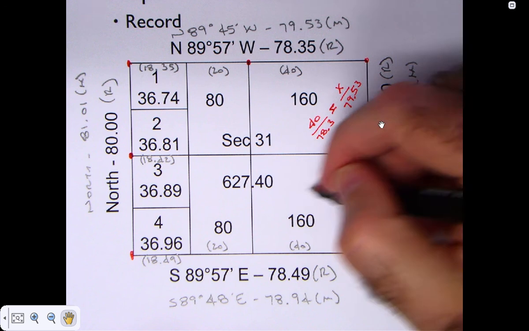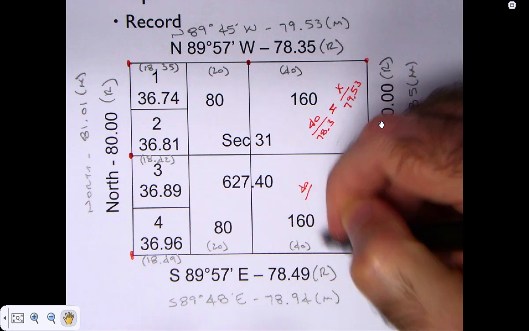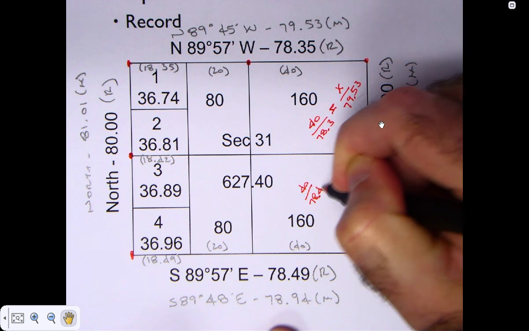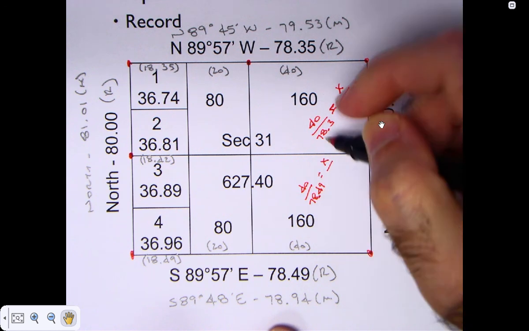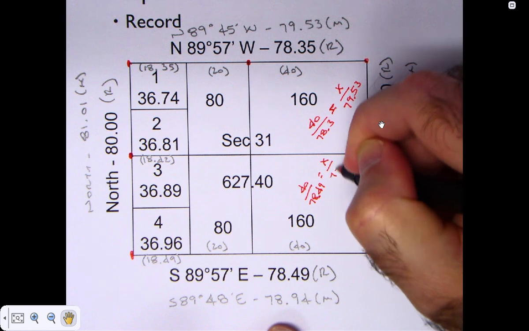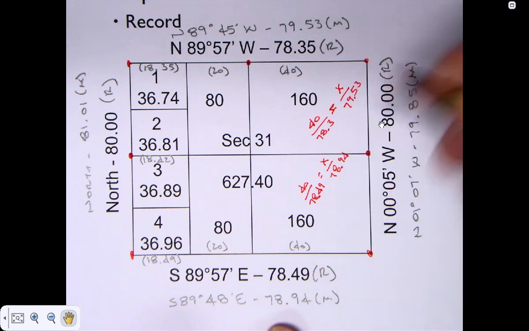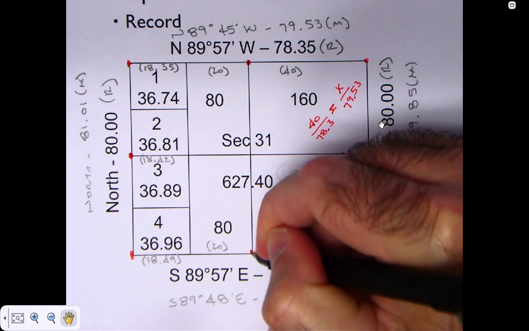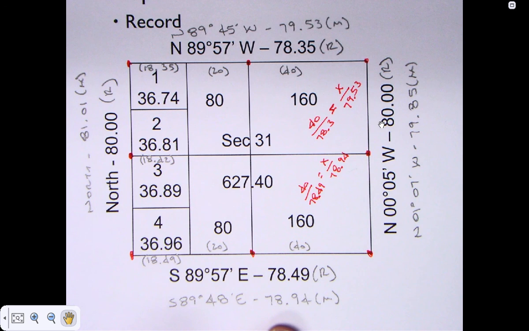Same thing down here, 40, which is the record, is to the total record, which is 78.49. X is to the measured, 78.94. Cross multiply, that would be your distance from the southeast section corner to the south quarter on the line.